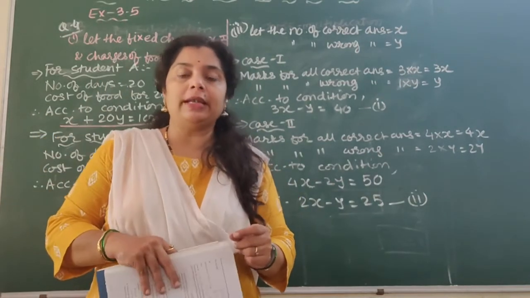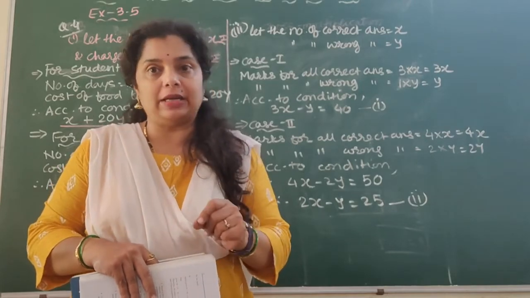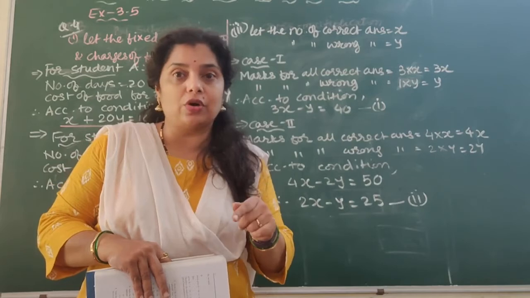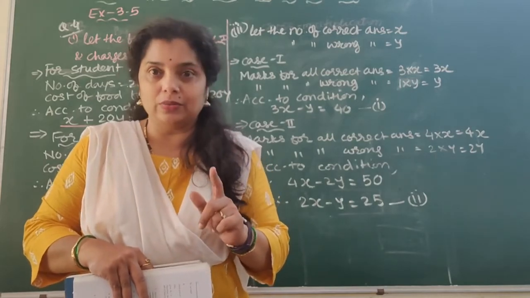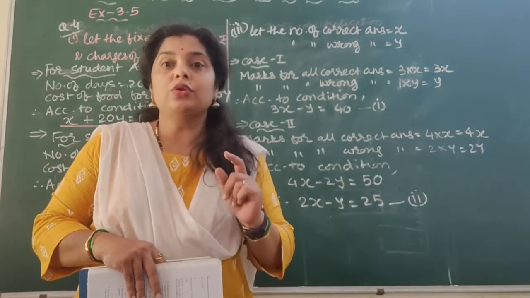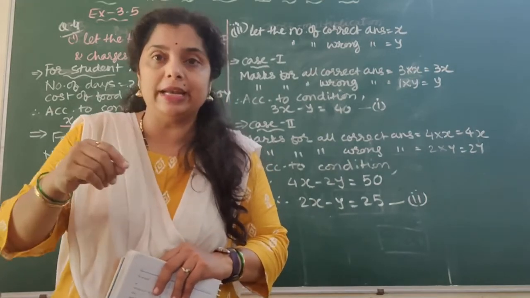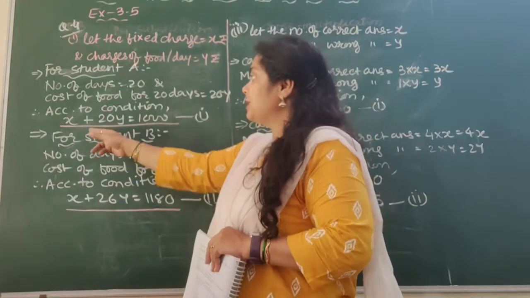When our answer is right, our marks are added, and when our answer is wrong, our marks are cut down. Is it clear? So it is not necessary that you always add in both terms, x and y.